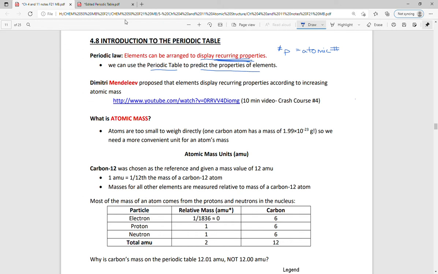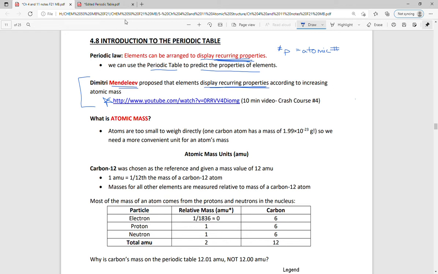So back in the beginning, Mendeleev gets to be credited with the development of the periodic table, and his looked quite different from ours, and there's a lot of different stories out there about Mendeleev and the periodic table. But I think the cool thing is that he actually left holes for things that hadn't yet been discovered, and that to me shows that he had a pretty sophisticated understanding of the way things were organized, and he did display them to show those recurring properties.